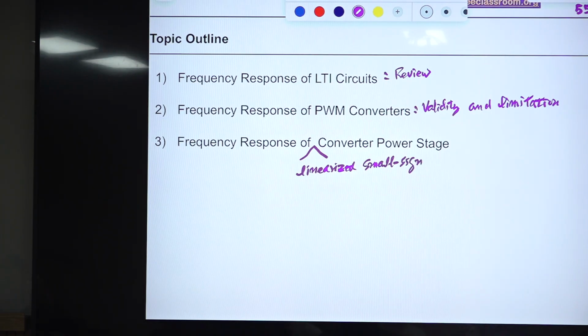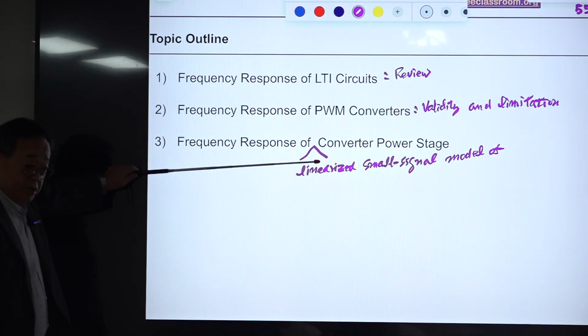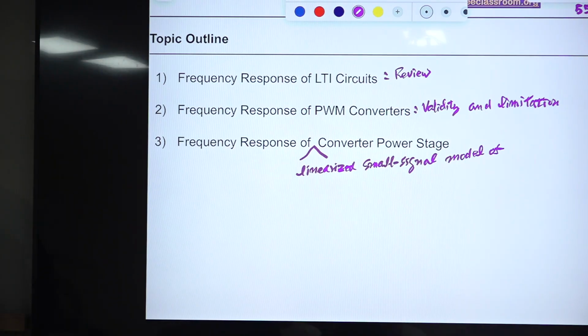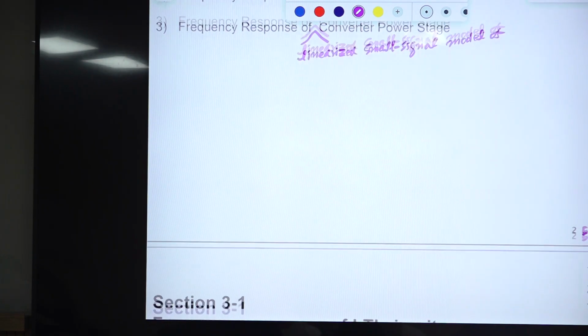So what is missing here is linearized small signal model. We'll be using the linearized small signal model of converter power stage to investigate the frequency response of converter, PWM converters. Okay? So this is the outline for this topic.